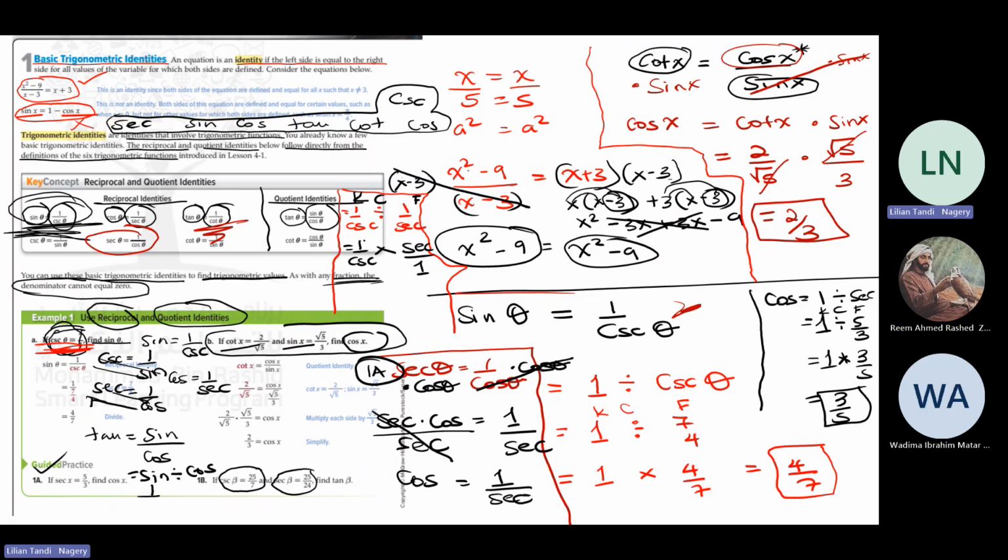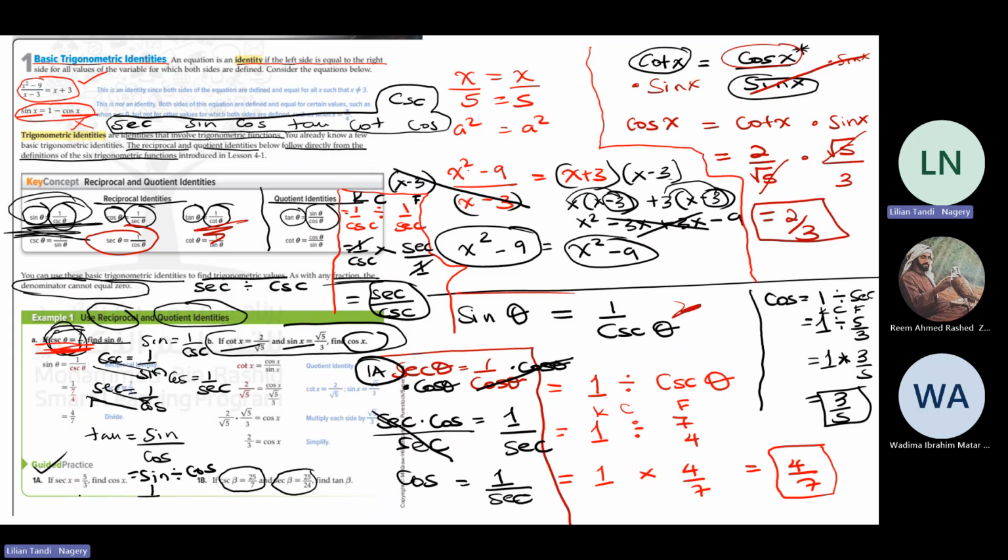And this will go. Yes. And now we will have what? Sec over cosec. Up to here, we are good? Yes. And what does this mean? Divide. We are dividing sec by cosec.